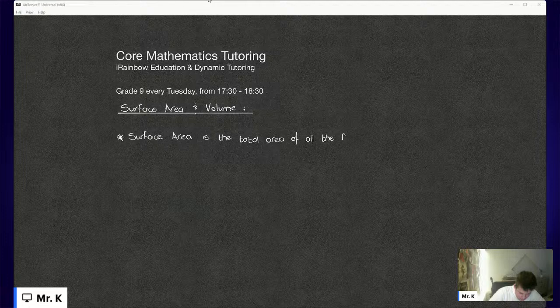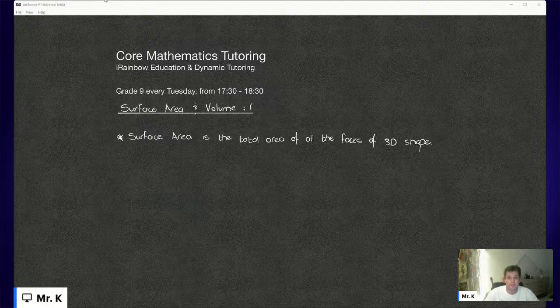Please keep in mind that when we speak about surface area and volume, we can only be discussing 3D shapes. That's really important, guys. So, surface area is the total area of all the faces of a 3D shape.